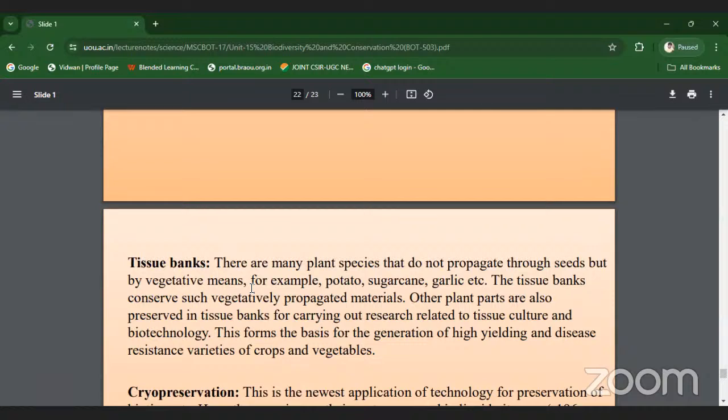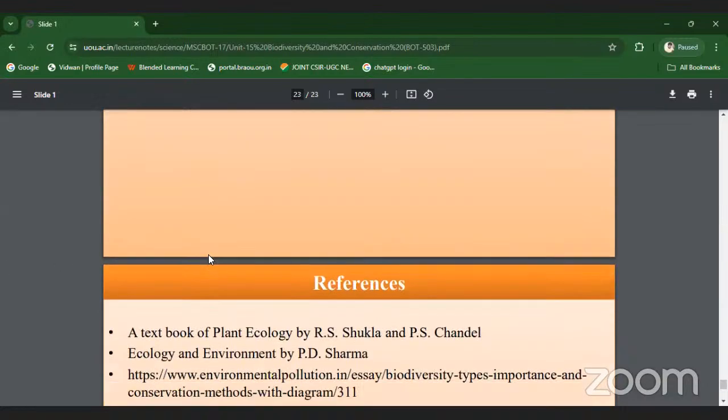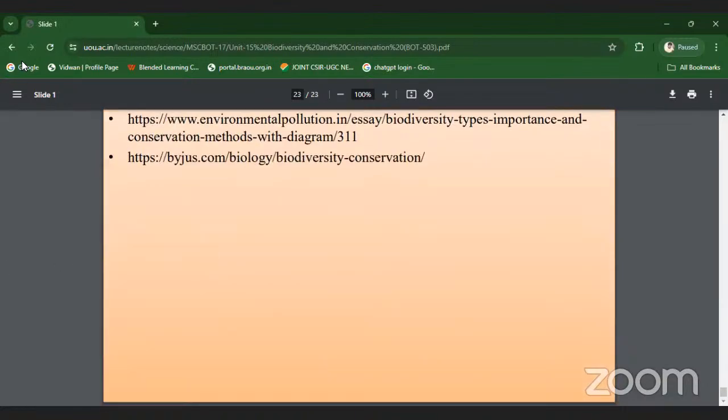There are many organizations in the world that work on biodiversity conservation, such as intergovernmental organizations like the United Nations. Here are the conservation strategies.